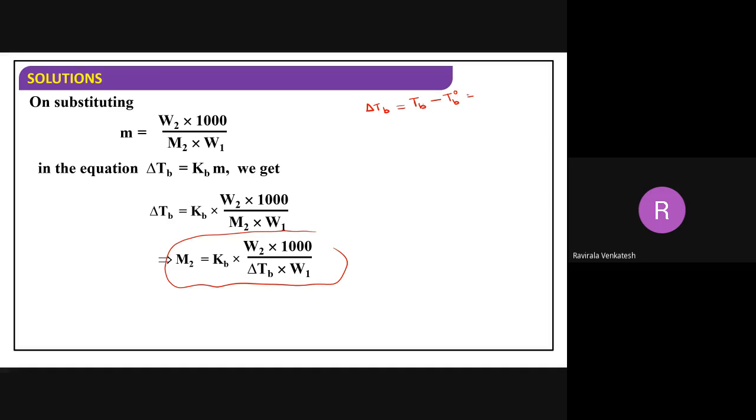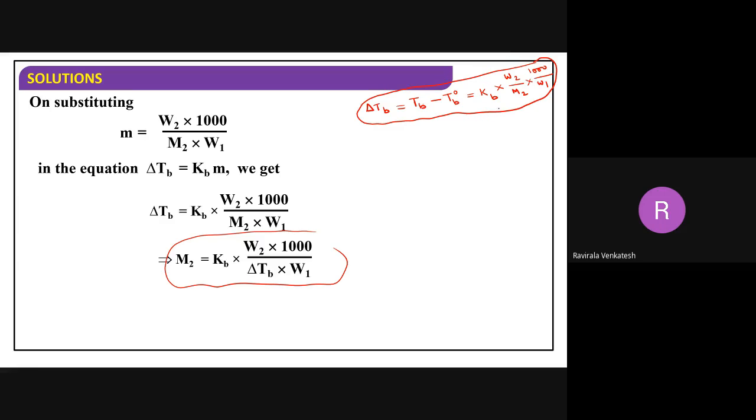This is always equal to Kb, elevation of boiling point constant, into molality. What is the molality formula? Weight of solute divided by molecular weight of solute into 1000 by weight of solvent. This is the formula we use for calculating the elevation of boiling point.